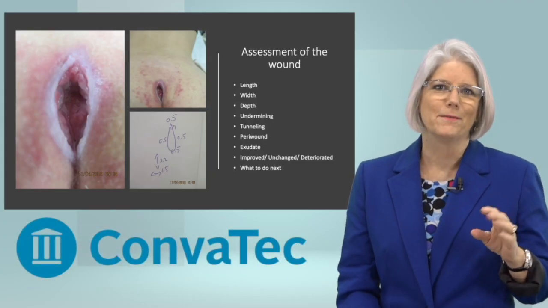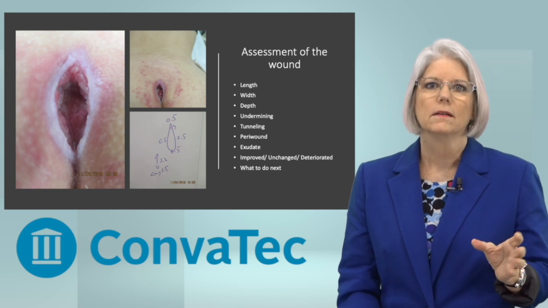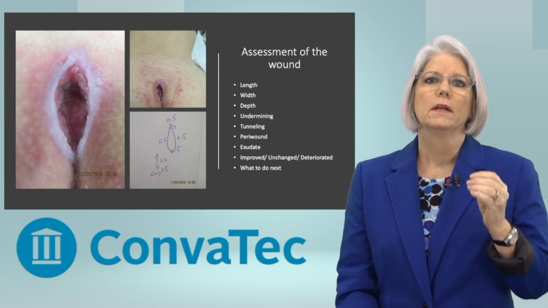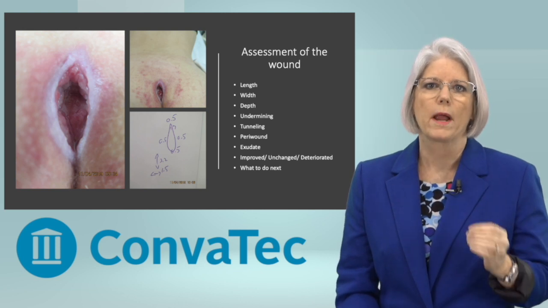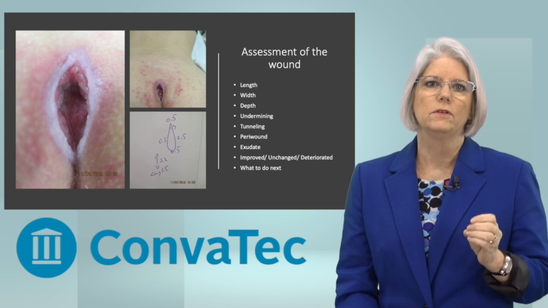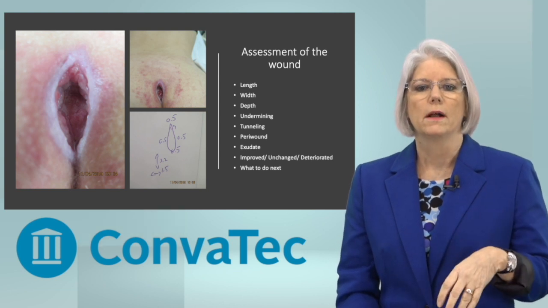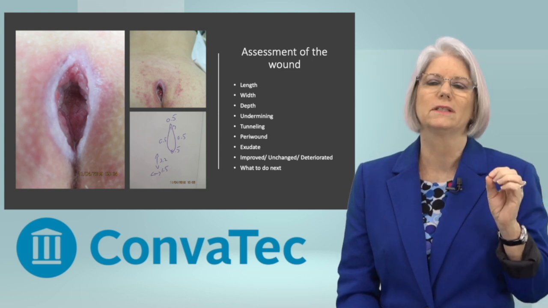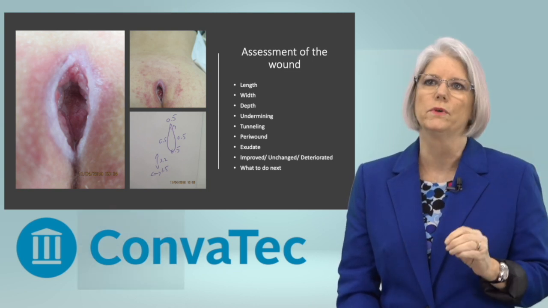Now, anytime that we're doing wound care, it all starts with the assessment. With each dressing change, these are the parameters that must be done. I've given you a wound here, which is a pilonidal sinus. As you can see from the wound edge, it's macerated, so there's too much moisture.